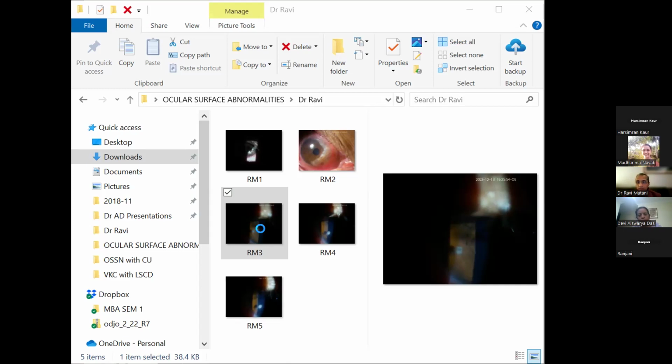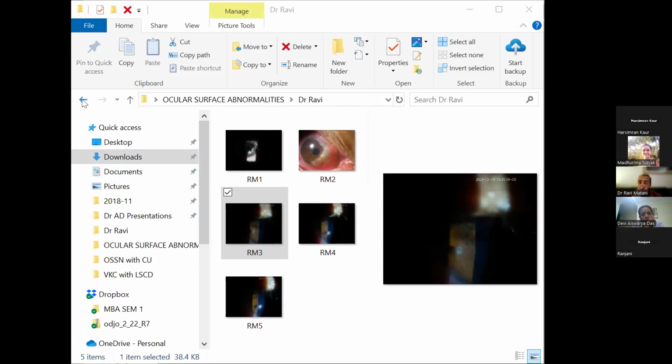So I was really at a loss what to do because this patient has been treated with moxifloxacin, natamycin, voriconazole, and in fact, the treating doctor gave an intrastromal voriconazole injection also. And he is a young boy. He was 6/9 vision, but the main complaint was photophobia on reducing medicines.